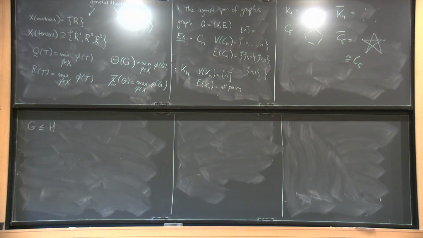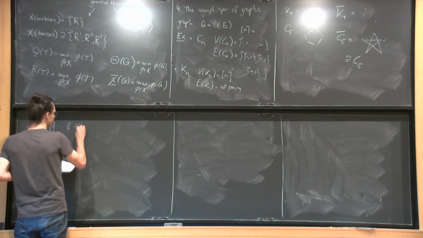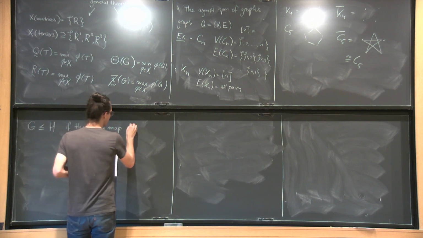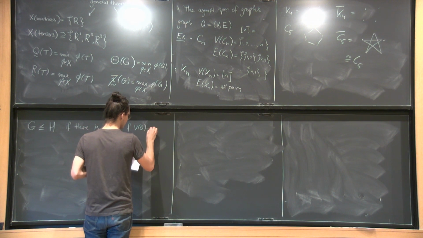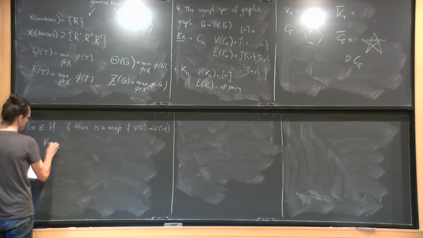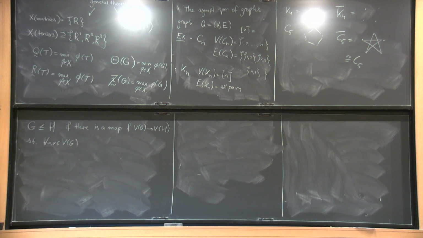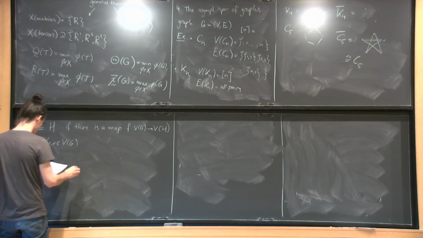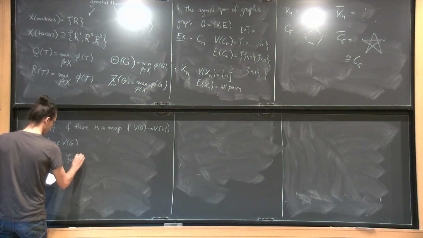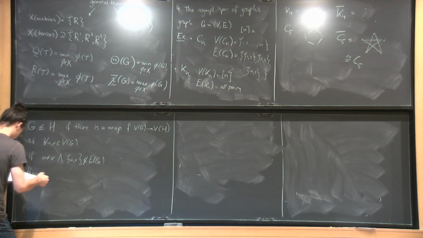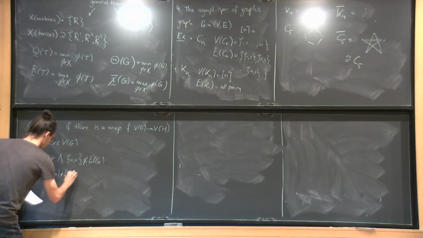So I take two graphs, G and H, and I say G is smaller than H if there is a map F from the vertex set of G to the vertex set of H such that for any two elements U and V in the vertex set of G, if they're different and they're not an edge, then I want that their image is different and not an edge.